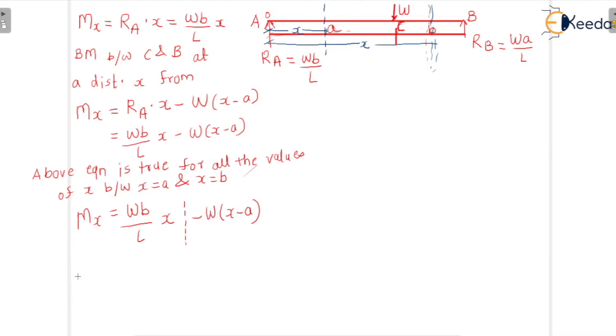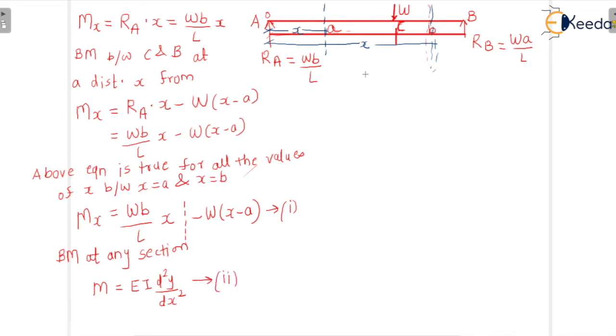Now we know the formula that the bending moment at any section is also given as, any guesses, what is the other formula we use? We use the equation M equals EI d square y by dx square. Let us name the earlier one as equation number 1, and this is equation number 2.